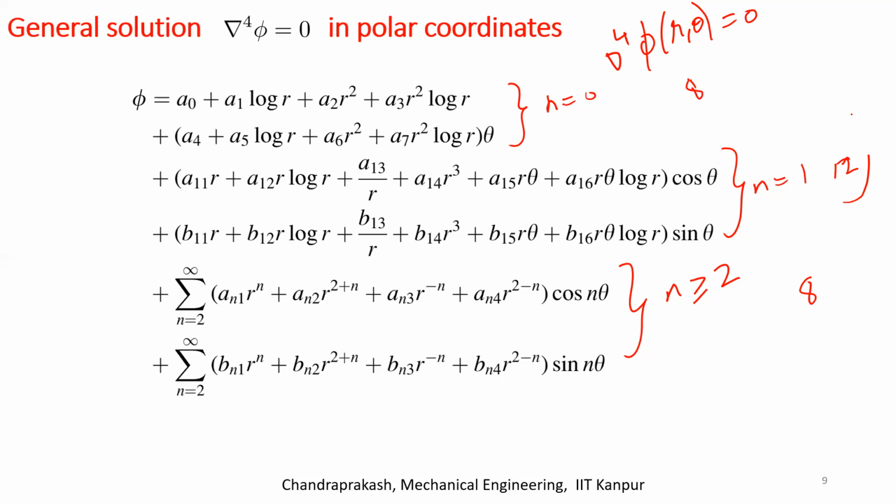If I just consider n equal to 0 and 1 itself, I'm getting some 20 terms. Most of the time it is sufficient if you consider n equal to 0 or 1. You will see with experience whether you should consider the higher order terms or not. But overall, for this complicated fourth order partial differential equation, which is also biharmonic, this is the general solution.